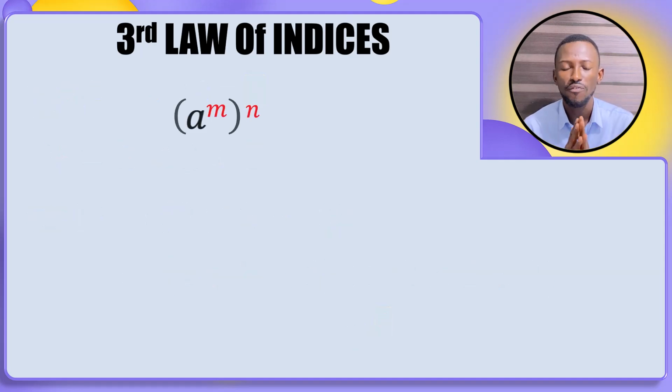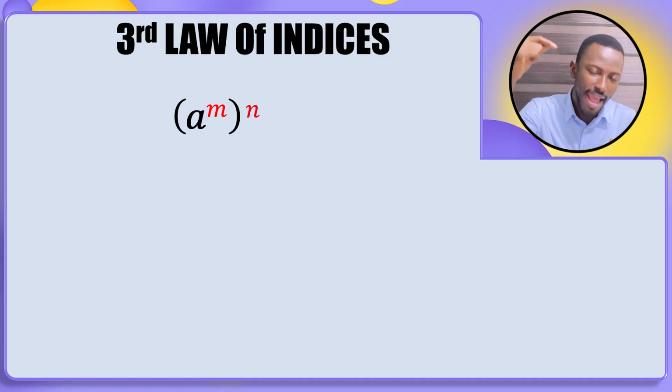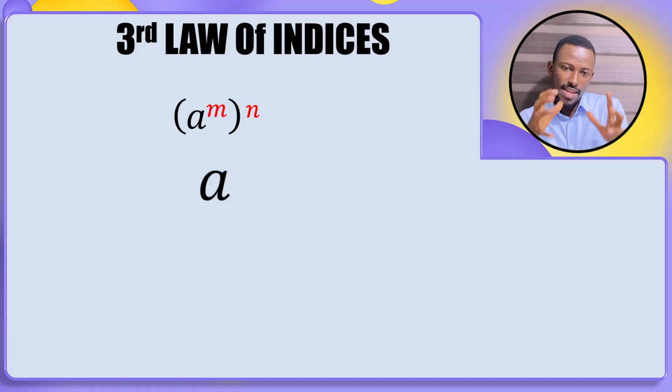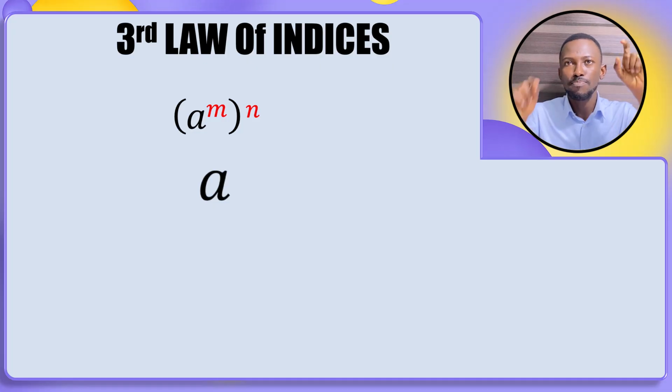What does the third law of indices state? Well, let's look at it with this. We have a number which is a to the power m, in brackets, to the power n. What do you do? From what we've discussed already, just pick the base and then pick the 2 powers and multiply them.